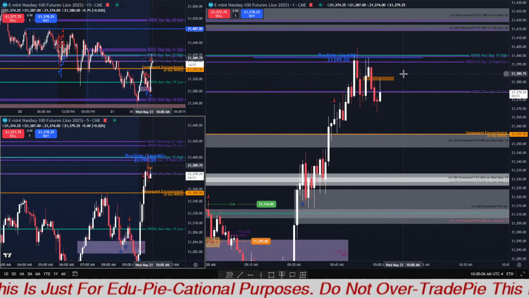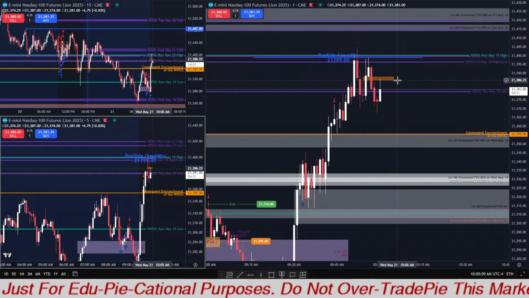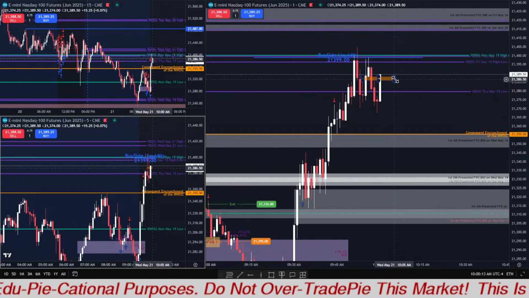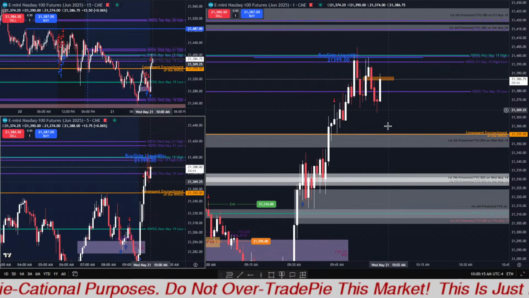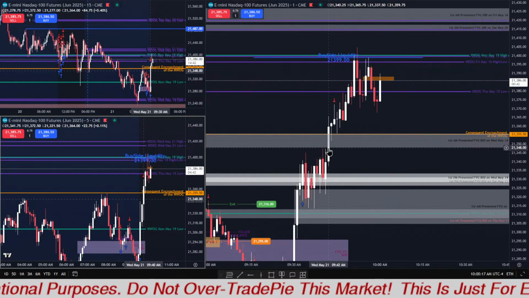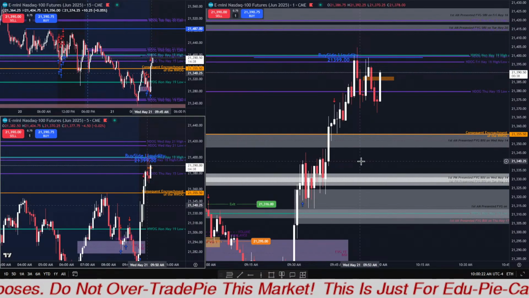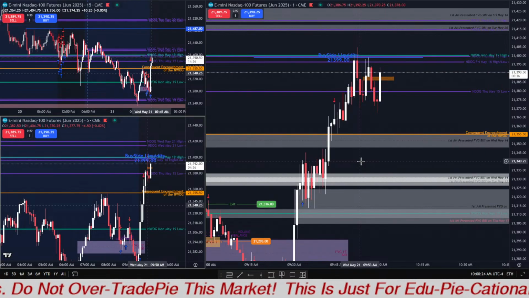Once again tapped into the inefficiency over here. Now it's acting as an inversion, and I would like to see the market reaching lower prices toward this inefficiency over here below the consequent encroachment of the new week opening gap.